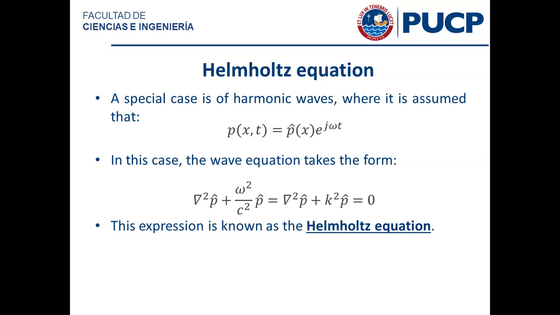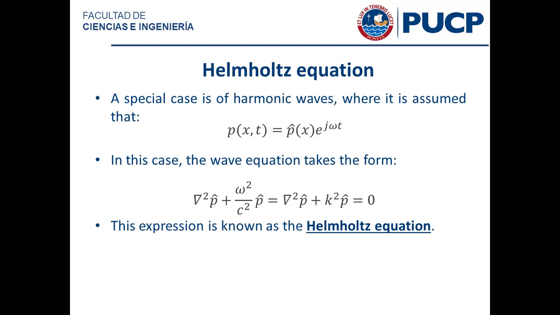Okay. So if we were to have this, right, if you look at the expression in here and you plug it into the wave equation, you get to the second one, which tells you that the Laplacian of p hat plus omega squared divided by c squared times p hat, where we actually define yet another variable. We like to define variables, right?